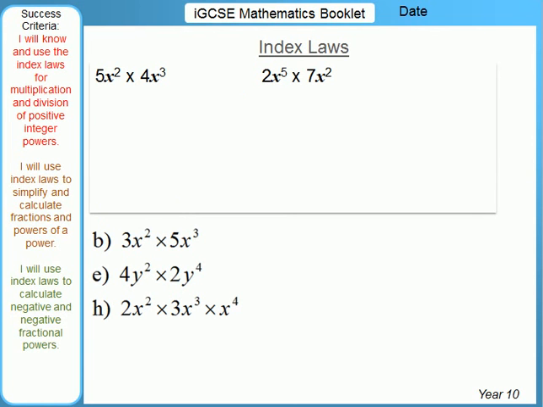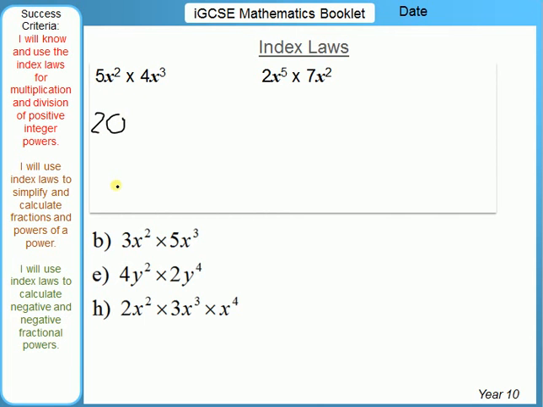Now, in my third slide, we're going to combine some of the features we've seen in the first 2 slides. Now, when we have whole numbers, integers, before the x's, we treat the numbers and the x's separately. So, in my first example, 5 times 4 is 20.